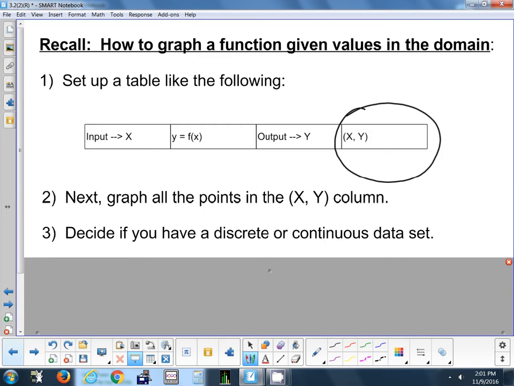And step 3, a lot of times they're going to ask you in the problem, is your domain discrete or is your domain continuous? Meaning, are there gaps in the domain or can you plug in any number you want? Fractions, decimals, things like that.